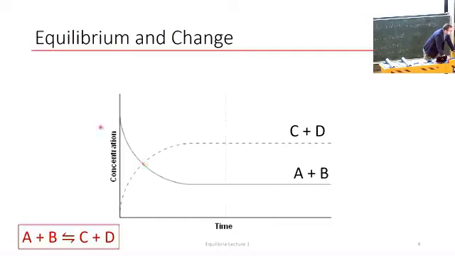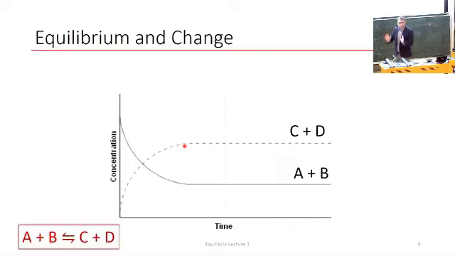So we see this concentration-time graph flattening over time because the concentrations of reactants are decreasing, so the probability of reaction is decreasing. And it reaches a point where it begins to level off. Similarly, as we begin to form products, the concentration of products will increase over time, and they level off at exactly the same point as the reactants.